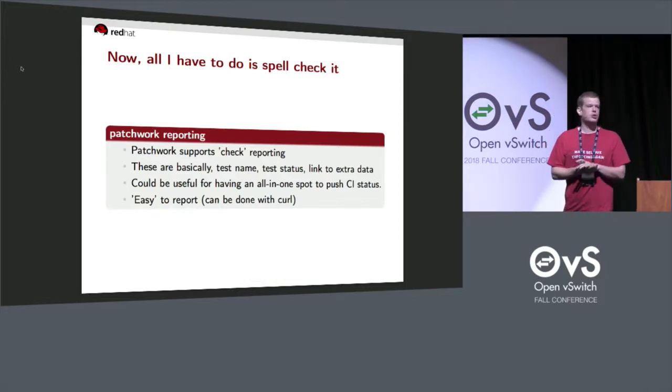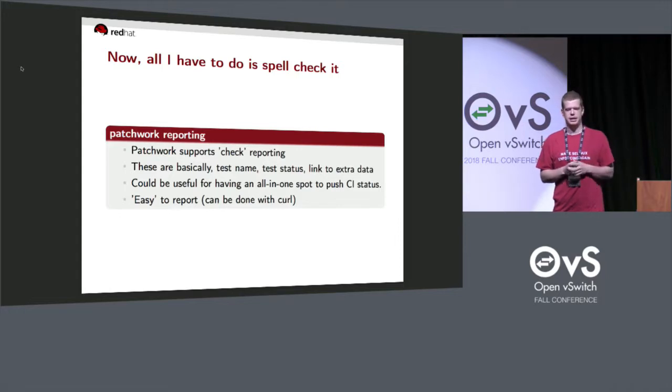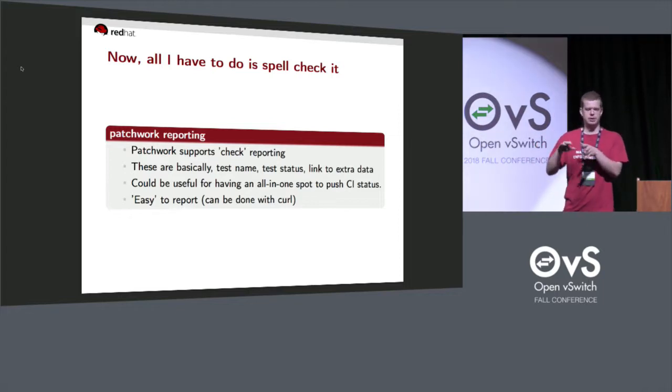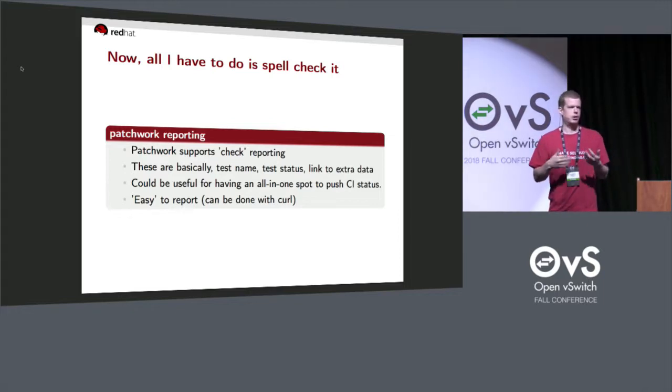As far as reporting goes, right now we do a lot of emails. But one thing that would be nice is using the check system. Patchwork supports this idea of checks. These are like a test name or test ID, a status, and then some extra data in there. So you can say why the test failed, or give some other hints.